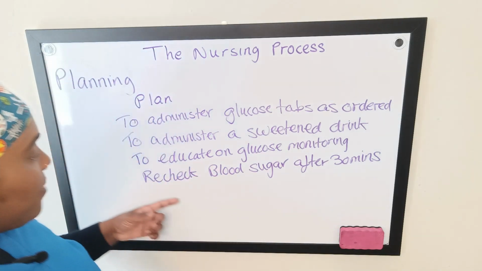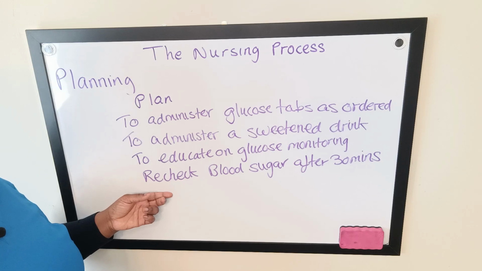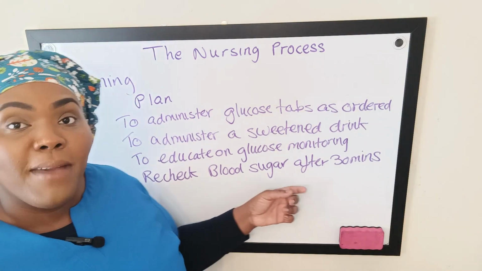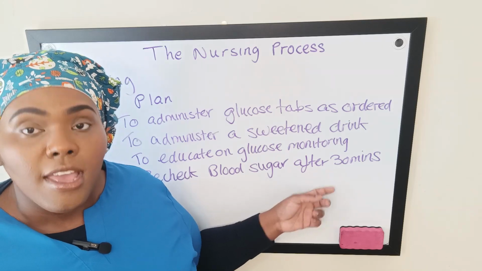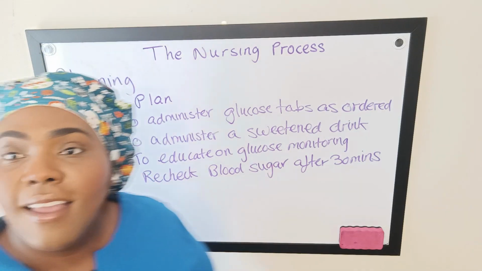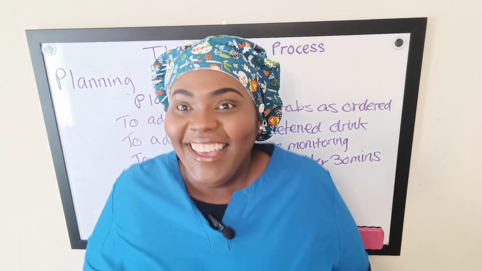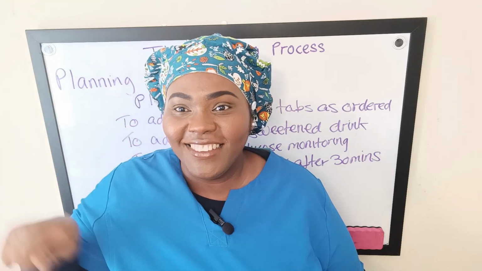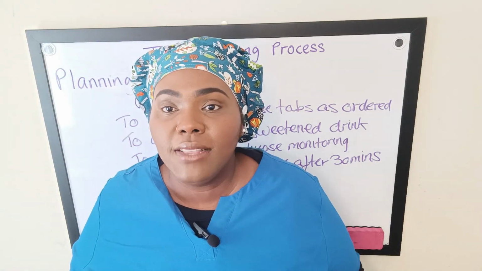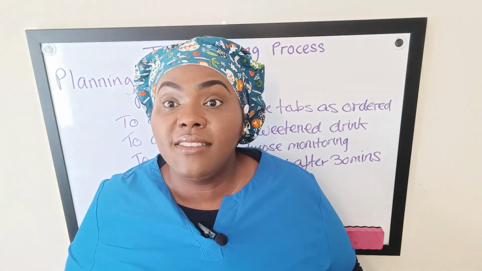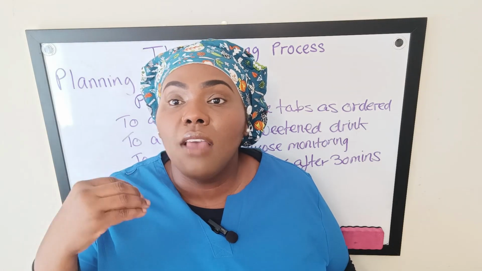So after 30 minutes, I go and I recheck my patient's blood sugar. This is part of my intervention, but it's also a part of my evaluation. Okay? So when we are evaluating, am I not assessing again? Yes. Big circle. I am back assessing, because how can I evaluate something? It means I have to check to see if what I did was working.